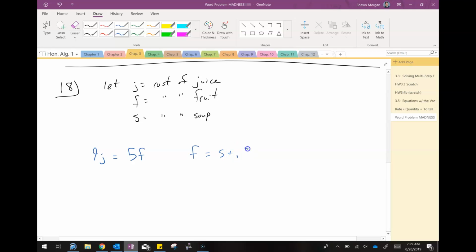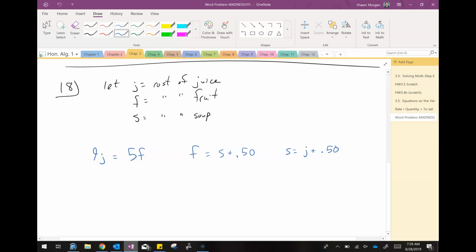Good. Plus 50. And then what's that last one? It says 1 bowl of soup costs 50 cents more than 1 carton of juice. So J plus 50. All right.